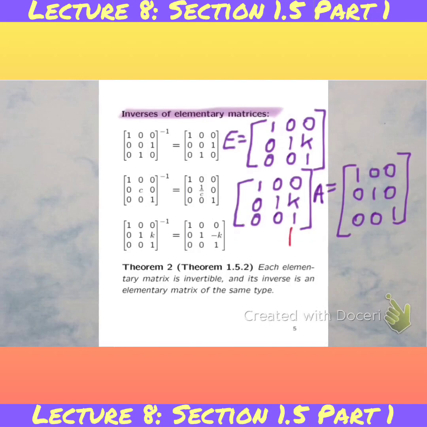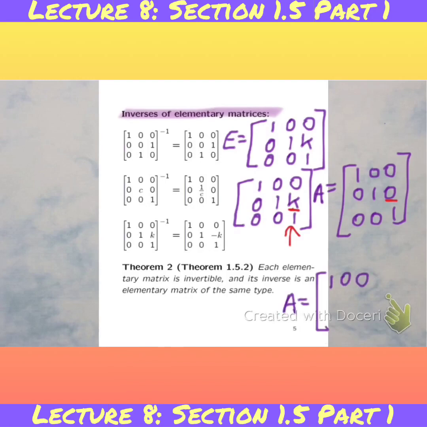Well, I'm going to pick A to be pretty much the matrix E, but I'm going to make the entry in the last column of the second row, the K entry, a negative. Now let's see if I choose A that way, how it will look on the right hand side in terms of the identity.